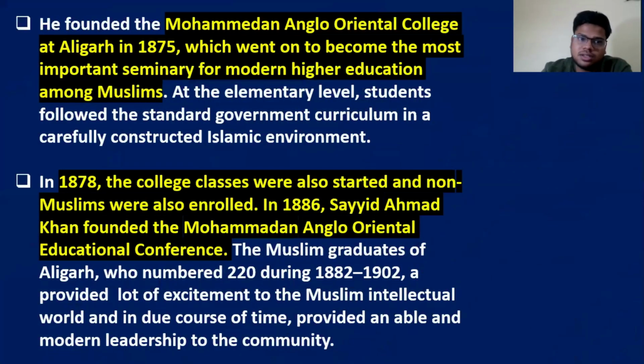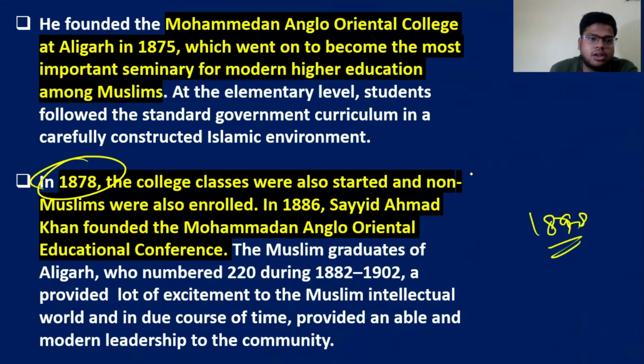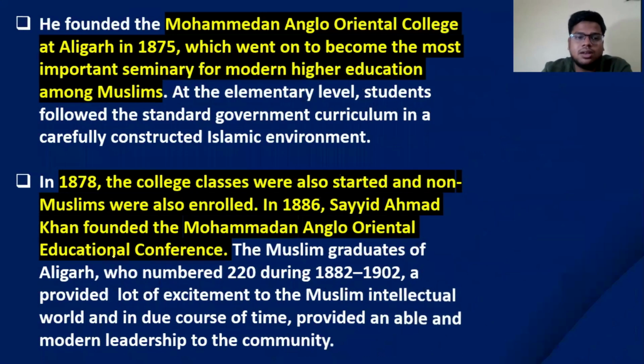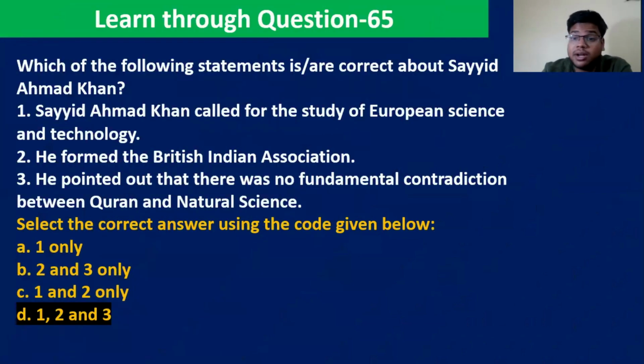He founded, in 1875, the Mohammedan Anglo-Oriental College, which later on became the Aligarh Muslim University. In 1878, a college was started, and non-Muslims were also enrolled. In 1886, Sir Syed Ahmad Khan founded the Muhammadan Anglo-Oriental Educational Conference as well. And one important thing is also that he formed the British India Association.